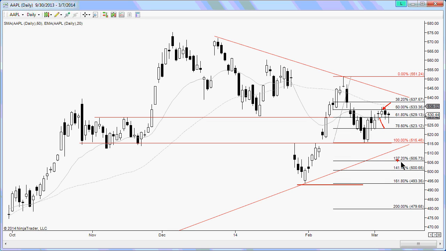Now, I don't say, oh, as soon as it hits this 127, I'm going to get out. That's my price target. No, because it might never get up there. If it doesn't get up there and it shows me some reversal price action, I'm out. But if it gets up there and just goes right through it, hey, I'm not going to cut myself short. If I'm on a winning trade and I have this big runner, I am going to let it run.